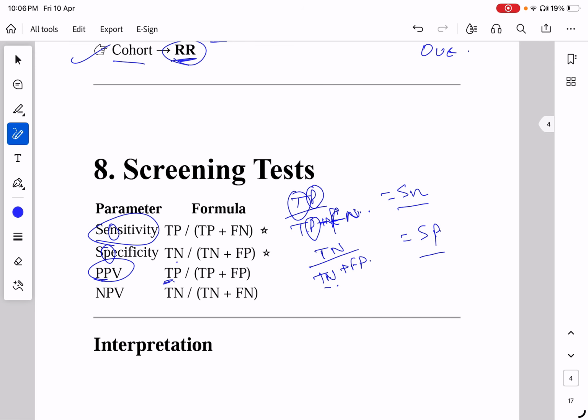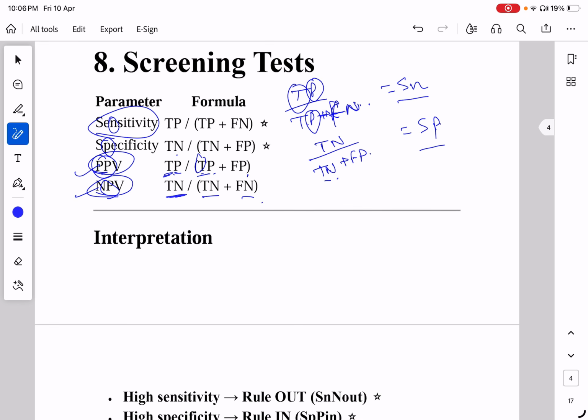Here P, so TP upon TP, and we are doing the opposite of only truth, that is false positive. So PP, double P is coming, so everywhere P. Now negative predictive value, initially TN upon TN plus FN. If two Ps are coming, then everywhere P is coming. If a single P is coming, as here in negative predictive value, then everywhere N is coming. Okay, so this is the way to remember.